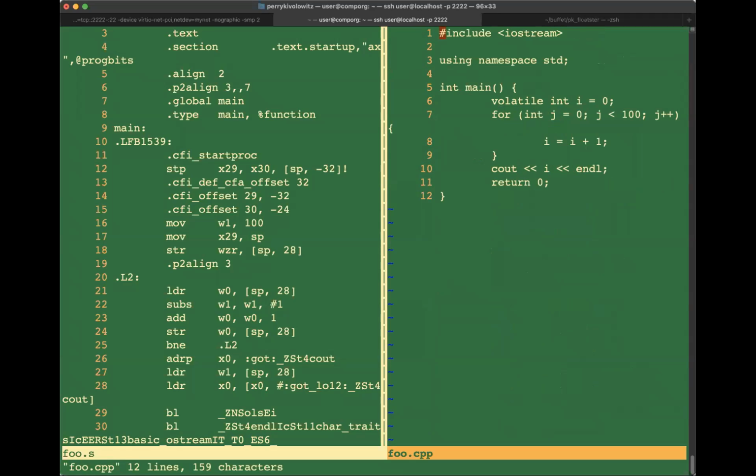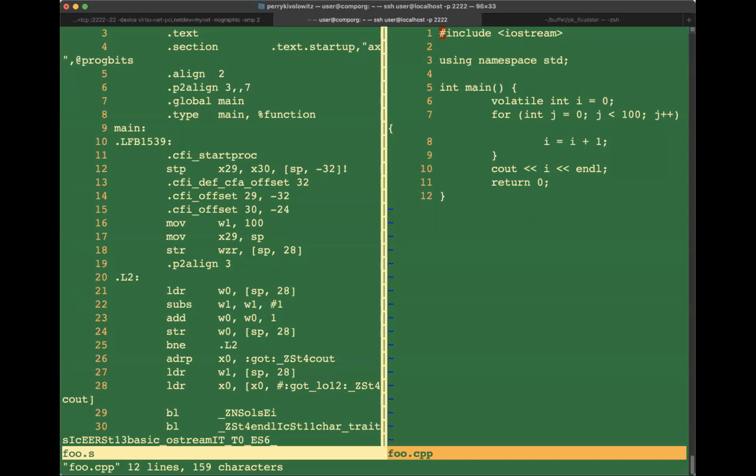So the word volatile has this unofficial, but completely uniformly adopted meaning of saying whatever is volatile, do not optimize in any circumstances.